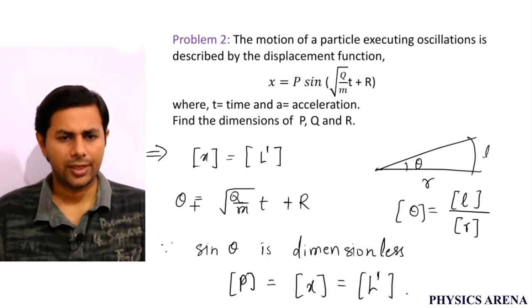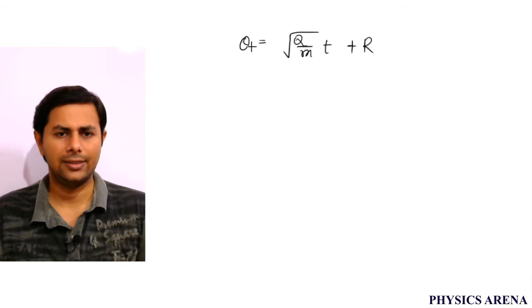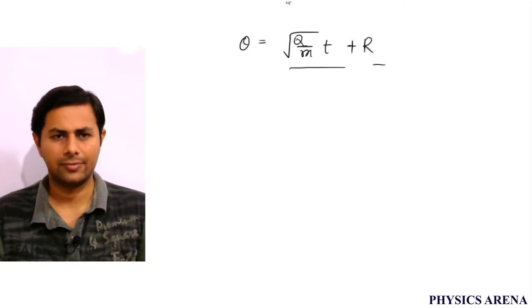After that, we have theta equal to this term, so let's take this on the next page. Here the dimensions of these three terms are equal, and since theta is dimensionless, we can say that the two terms are also dimensionless.